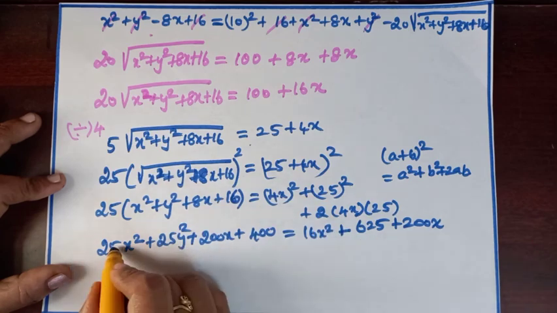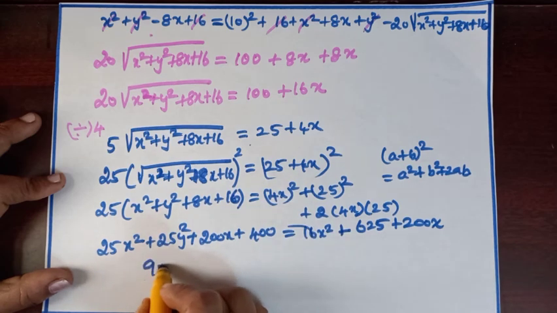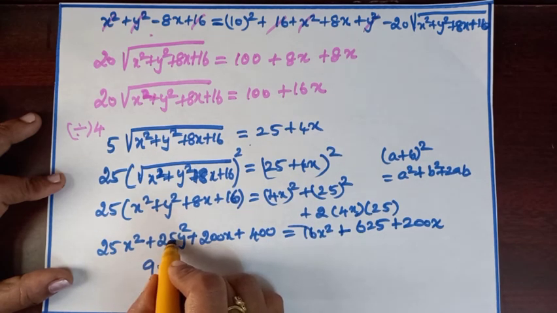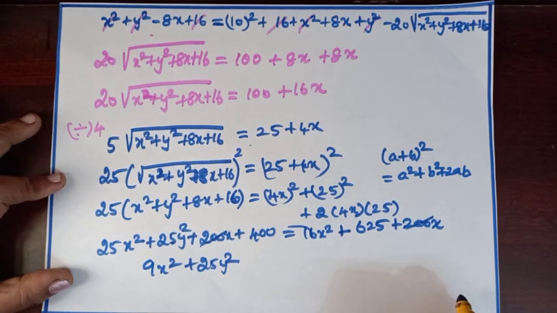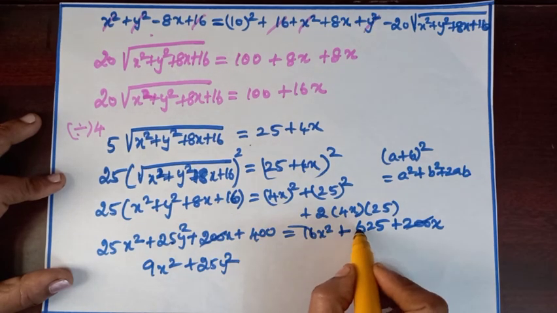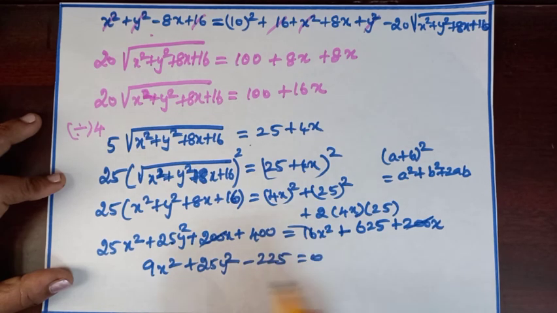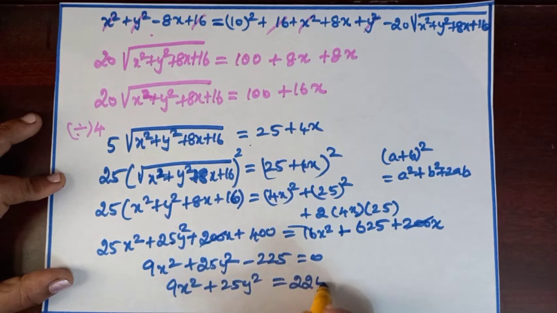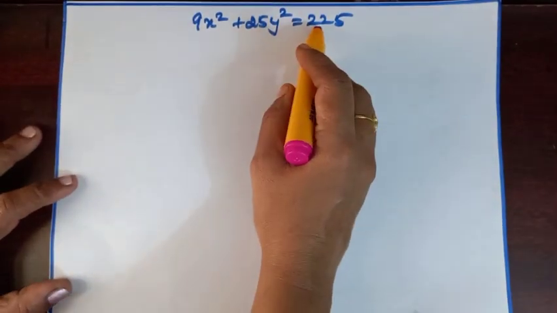So we get 25x square minus 16x square is 9x square, plus 25y square, plus 200x will be cancelled, 400 minus 625 is minus 225 equal to 0, which can be written like this: 9x square plus 25y square equal to 225.